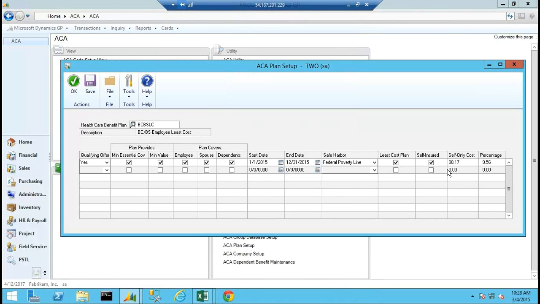But because they're not providing minimum value, for anybody who received a subsidy on the exchange, they're going to get a monthly assessment. It's a yearly assessment broken down, and I think it's $3,100 this year divided by 12 for every month. Anybody that got coverage and received a subsidy on the exchange, they're just going to get a bill for that.